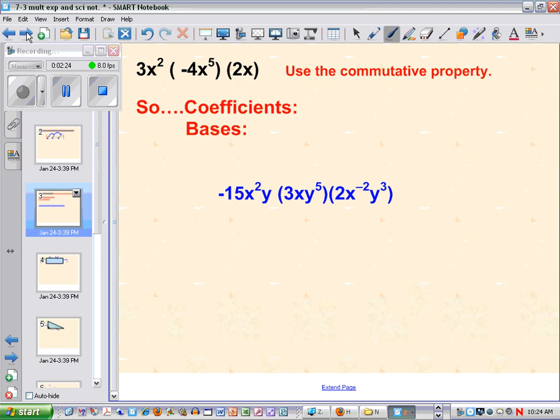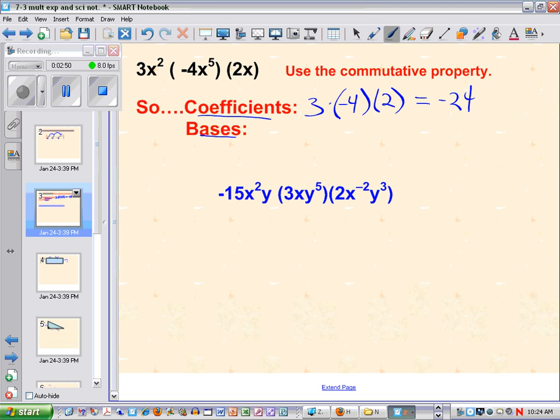So let's say I've got 3x squared times the quantity of negative 4x to the 5th times the quantity 2x. The order that you're going to multiply: you're going to multiply your coefficients, so your numbers, then we'll do our bases. So let's look at our coefficients. We've got 3, we've got negative 4, and we've got 2. If we multiply those, we'll get negative 24.